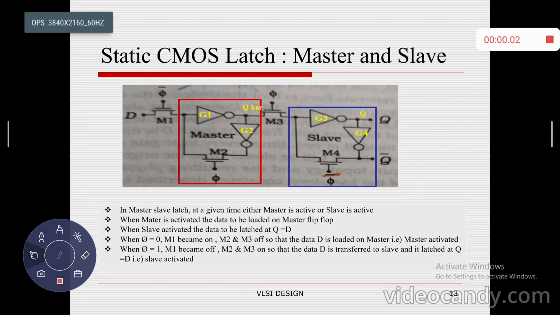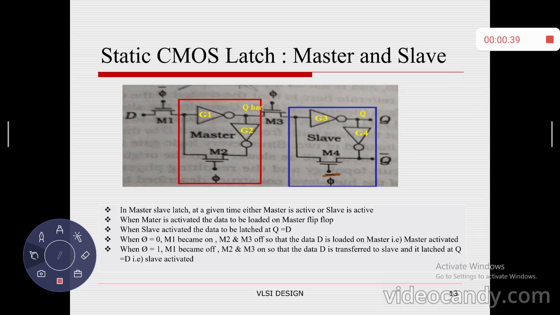Next we are going to discuss the design of a master-slave flip-flop using static CMOS latches. The type of flip-flop is again a D flip-flop. Since it consists of both master and slave, I use two static latches. The combination of G1 and G2 acts as the master, and the G3 and G4 static latch acts as the slave. In summary, at any instant of time, the master does either a loading or a holding operation, and the slave does either a holding or a loading operation.